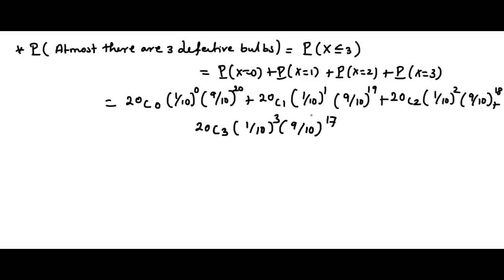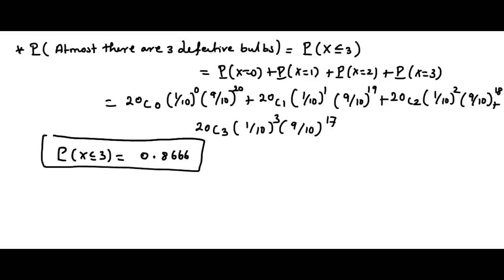If you simplify this, we get the final answer 0.867. This is the probability of x less than or equal to 3, that means at most 3 bulbs are defective.